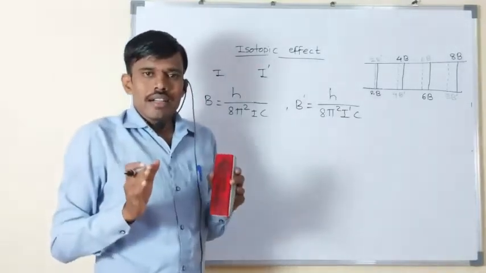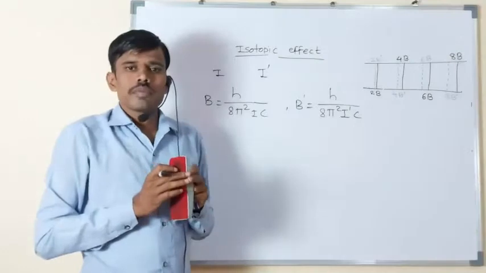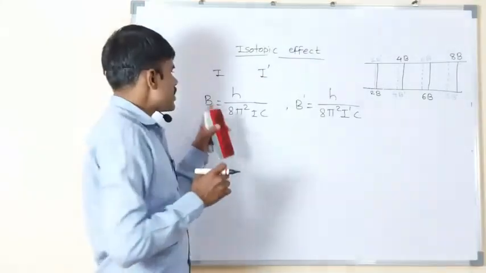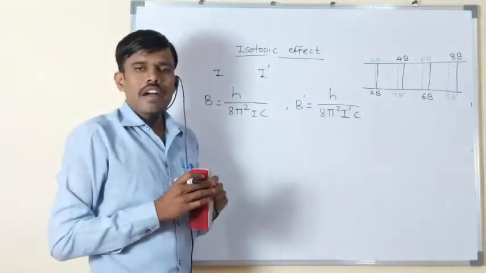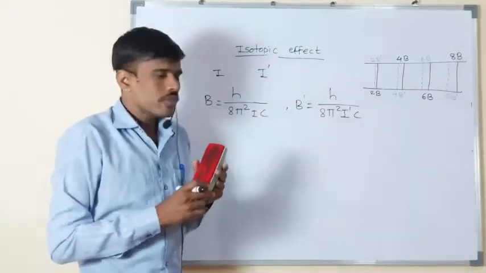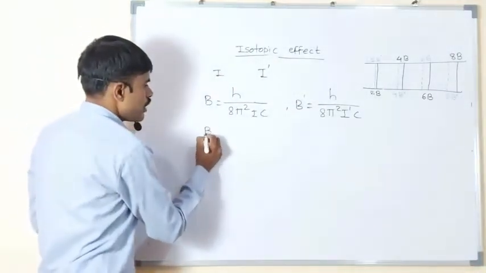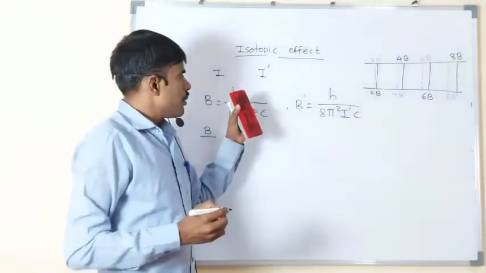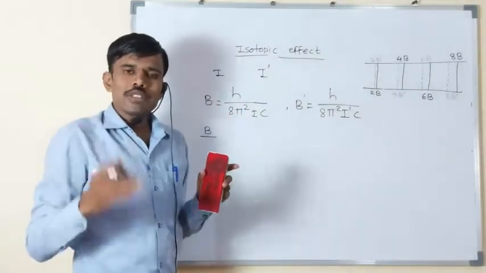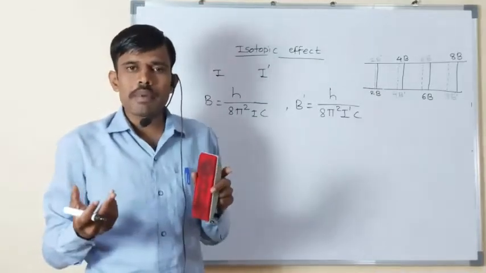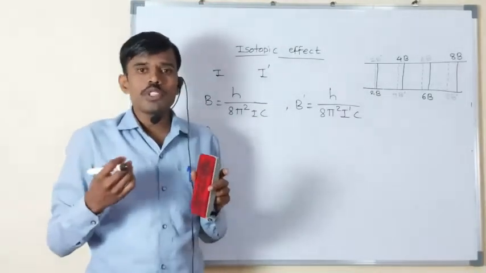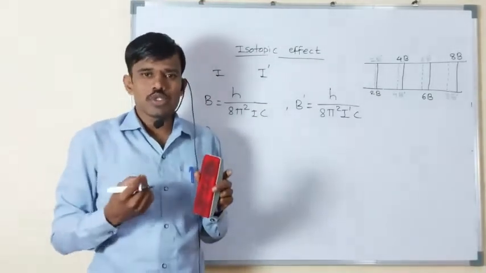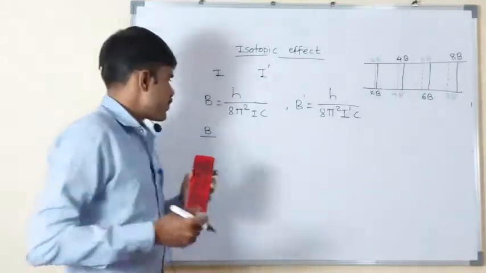You can take a ratio of these two B's, that is before replacement and after replacement of atom with isotope. This will give us idea about the change which is observed in the moment of inertia, as well as the change which is observed in the frequency also. So you can try to connect this.